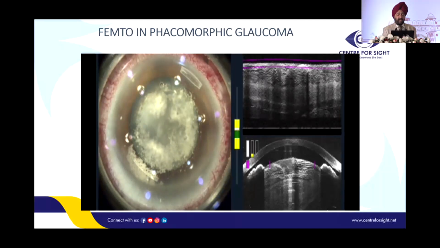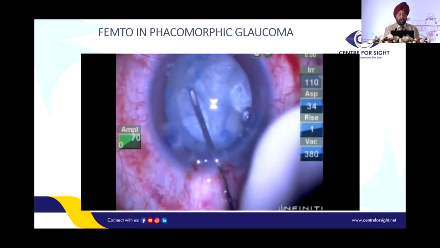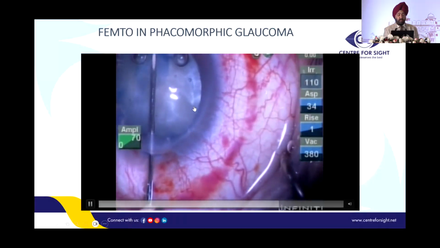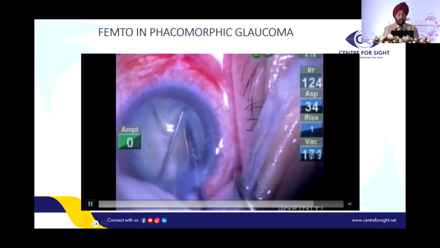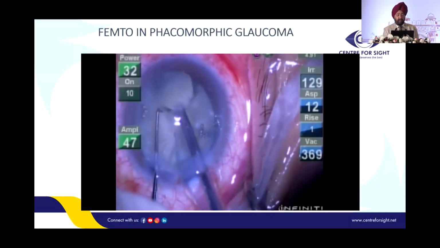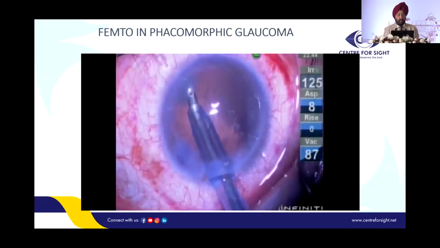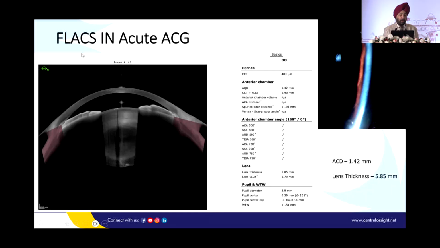You almost never get an extension of the capsulorhexis, but always use trypan blue, because there could be skip areas with the lenticular fluid that is coming out. With the Argentinian flag sign, if you open the chamber, which you have to do if you are doing a manual capsulorhexis, you will get an extension, but in a closed chamber, you don't get an extension.